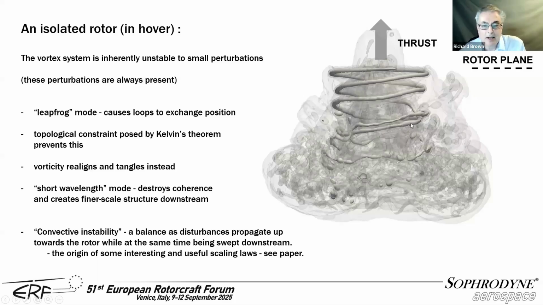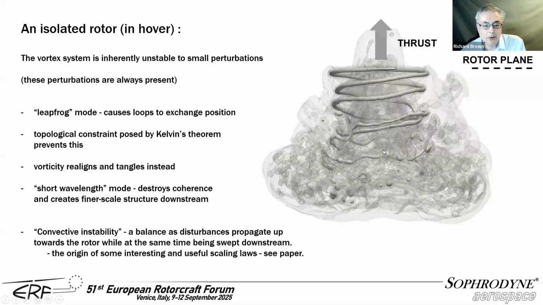So this realignment and tangling is a real problem in the rotor wakes. What it does is it actually enhances the decay of the system through another instability mode, which is known as the short wavelength mode. This mode destroys the coherence within the rotor wake and creates this finer scale mush of structure, which eventually emerges in the far wake of the system.